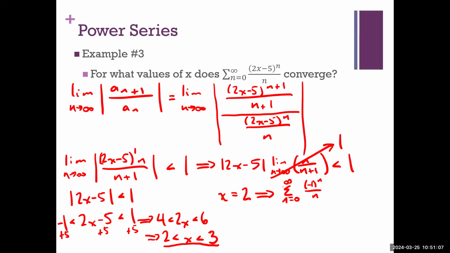I care about when x equals 2 and only 2. So now I have this series, (-1) to the n over n. Do I know what this series does? All we care about is that it converges, because we know that for that value of x, it'll converge.